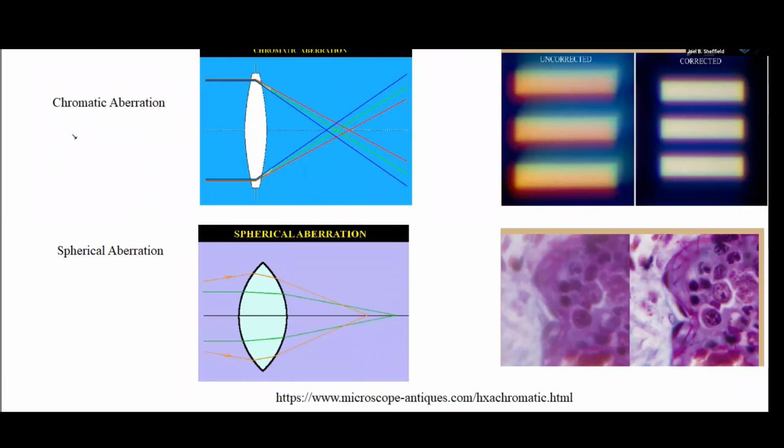So here's a prism. It's very hard for me to draw white light on a screen like this, but let's assume this is white light. It enters the prism, and then different wavelengths are refracted to different extent.